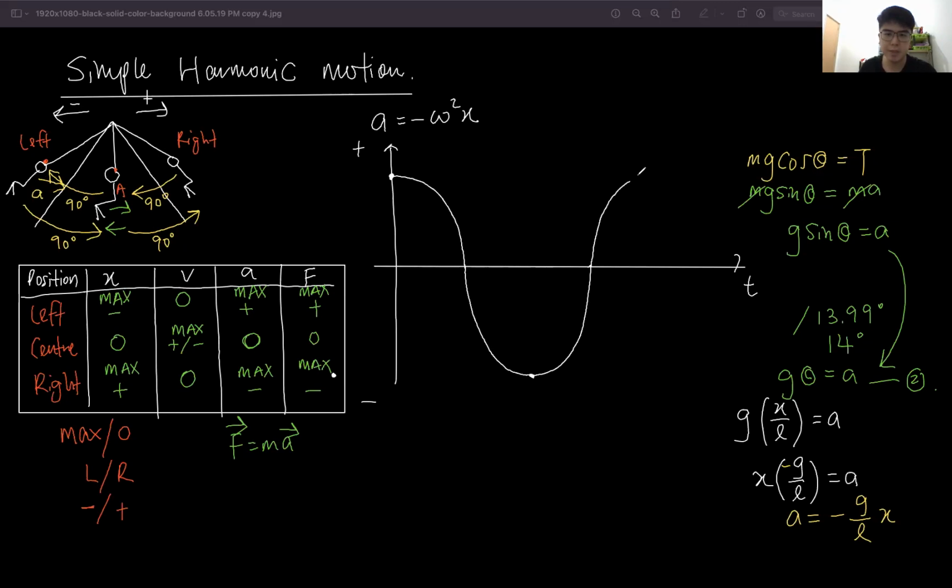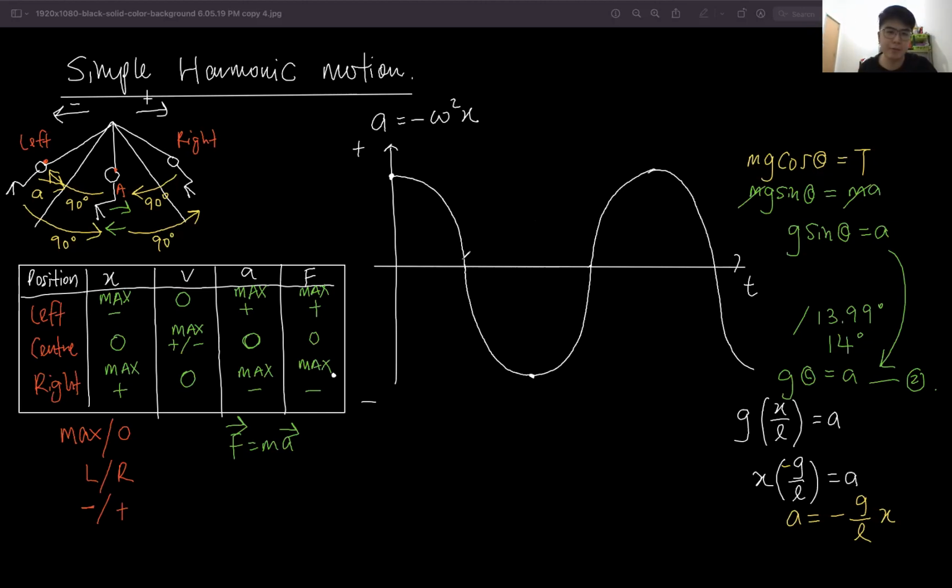As a result, you get something like this, a cosine graph. If I extend it further like this, a cosine graph. You get cosine because I start timing when it is at the right, when it is raised at that position. If I start timing at the center, then your graph would be different.